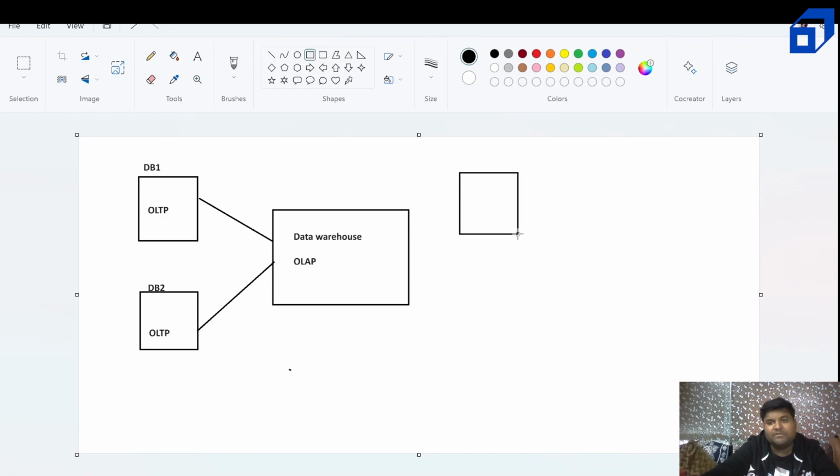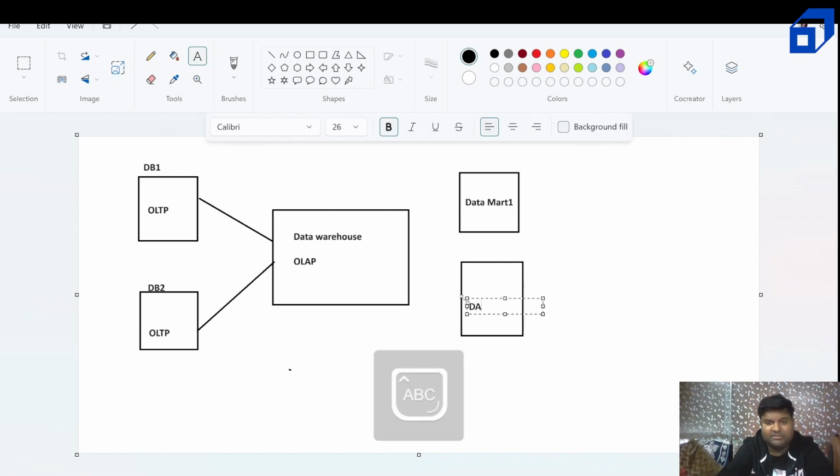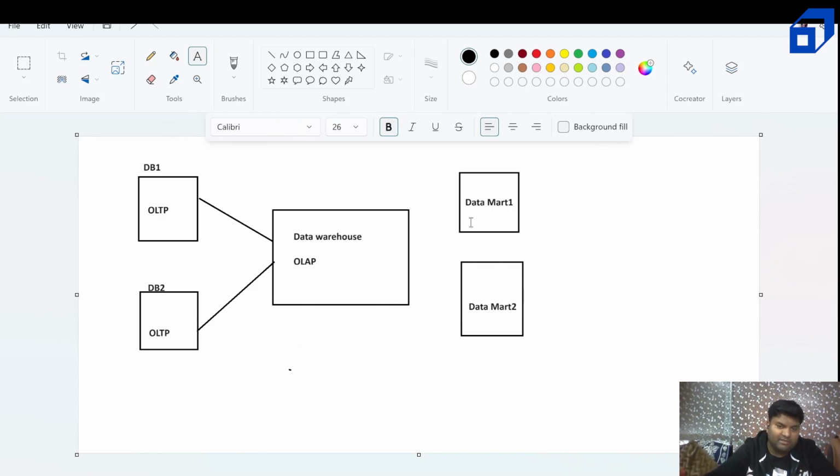We also have something called data marts, right? Data marts are a kind of data warehouse. Data mart 1, data mart 2. So what is a data mart? A data mart is a kind of data warehouse which is used to store functional area related data.